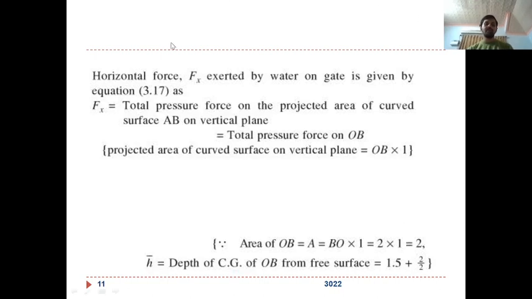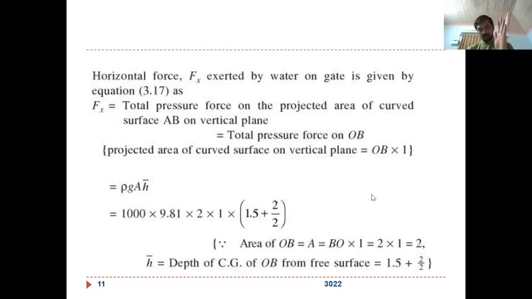Now H bar, that is the depth of CG of OB from the free surface, is 1.5 plus 2 by 2. So when you substitute this into Fx equals rho g A H bar, first draw the diagram properly, then listen to these steps.